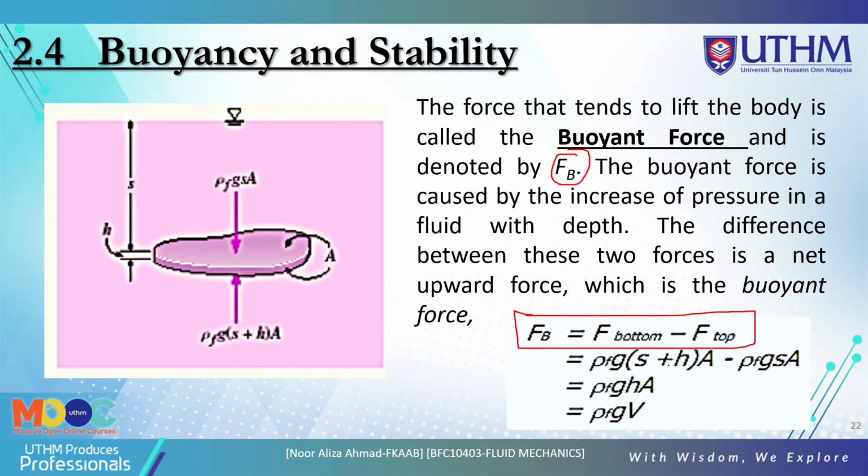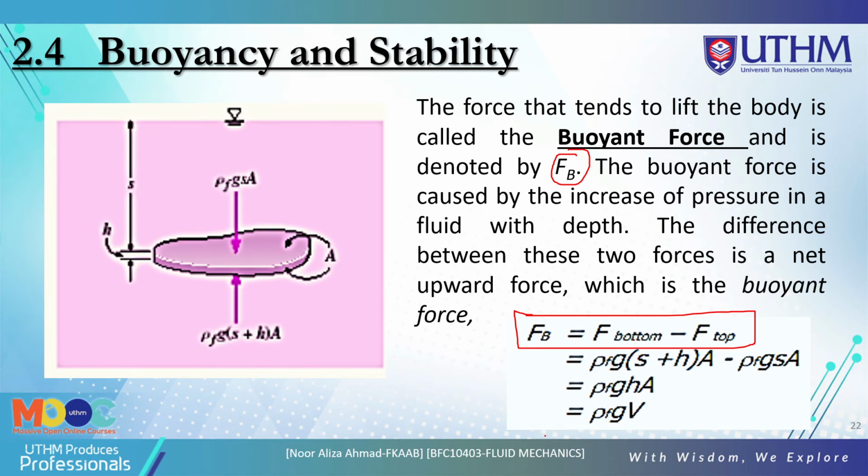So you get S plus H times A. And the F top is the density of fluid times G times S, where S is the distance here, times the area of this surface, the body.